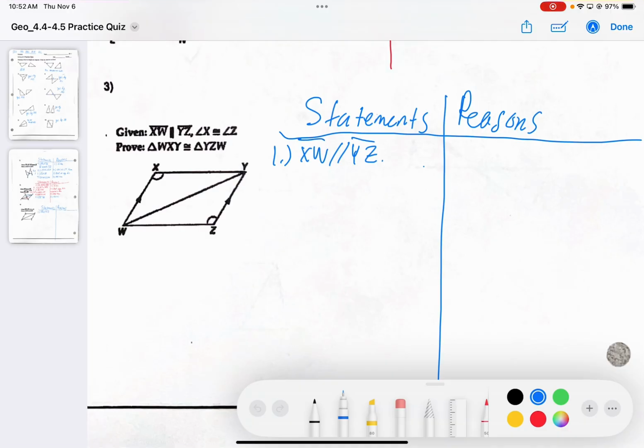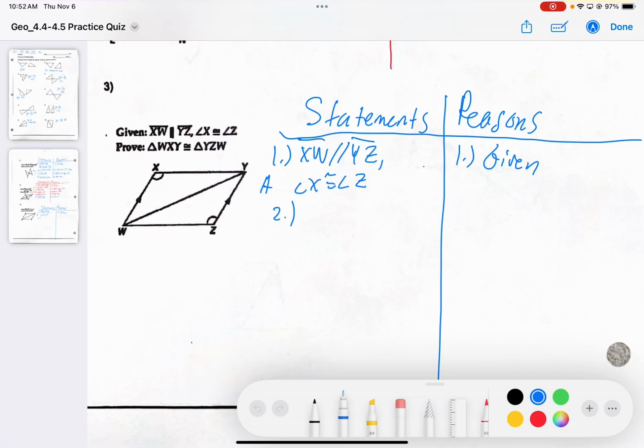And then angle X congruent to angle Z. So they gave me one congruence piece in there. That's pretty good. Pair of angles. So at least I have something. All right. What should we do from there? What do I do after I write my givens?